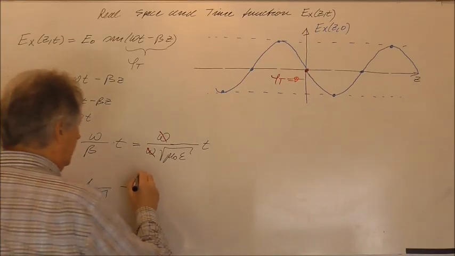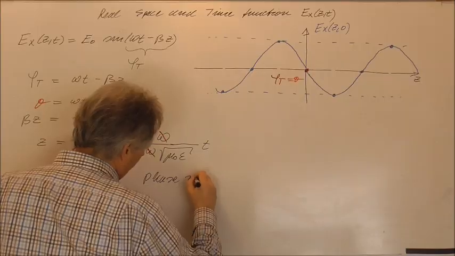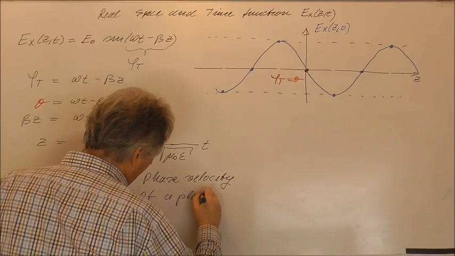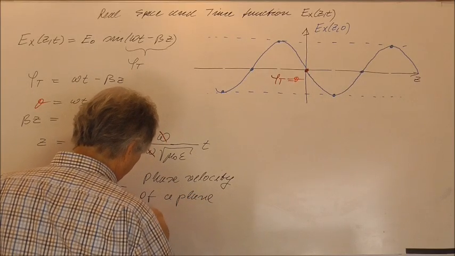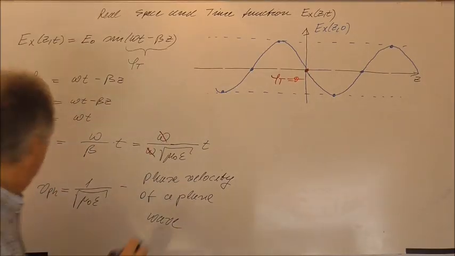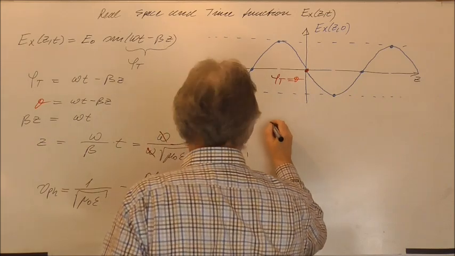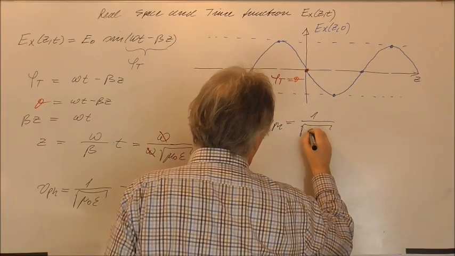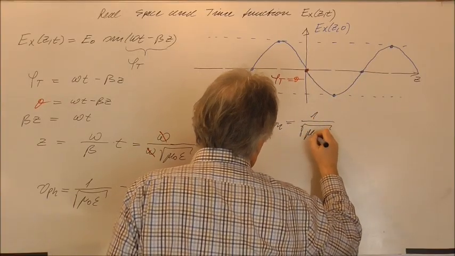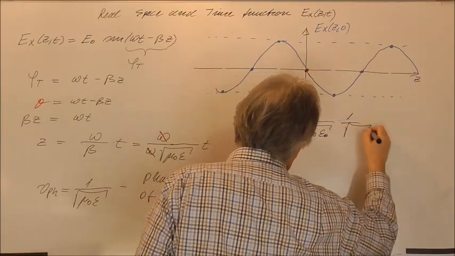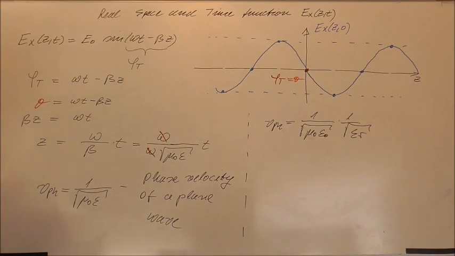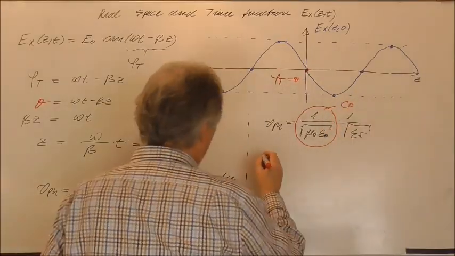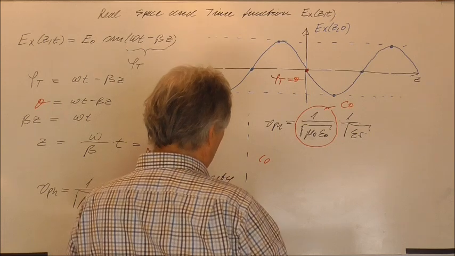This will be the phase velocity of a plane wave, and we see here that this phase velocity will be equal to 1 over the square root of mu naught epsilon naught times 1 over the square root of epsilon r, and this is normally called c naught, and c naught is called the speed of light.